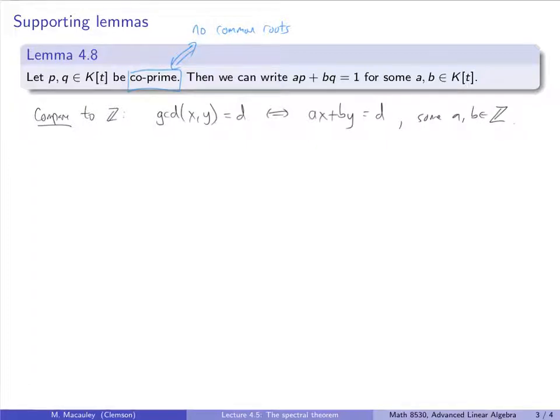And this holds because the integers is a Euclidean domain, which means basically the Euclidean algorithm or the division algorithm work. And so is this ring.